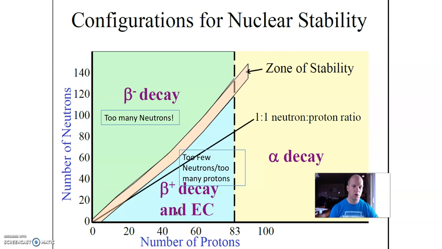We'll look at those, and there's a slight difference between them, but it results in a similar outcome. And then last but not least, if you're an element that is too large, bigger than 83 protons, you undergo what's called alpha decay. That means the nucleus is too large.